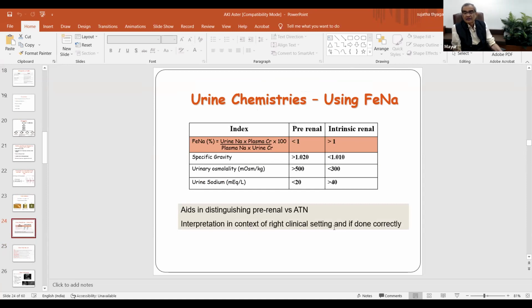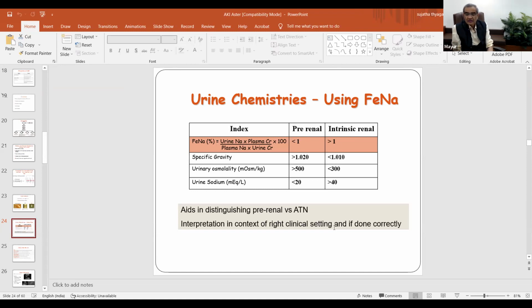There is a role for differentiating between pre-renal and intrinsic renal. The commonly used test is fractional excretion of sodium, and there are some others such as specific gravity, osmolarity, and so on. Sometimes they are useful, but please remember, if the child has received diuretics, then all these indices have no meaning, because the diuretics per se will alter the urinary salt values.